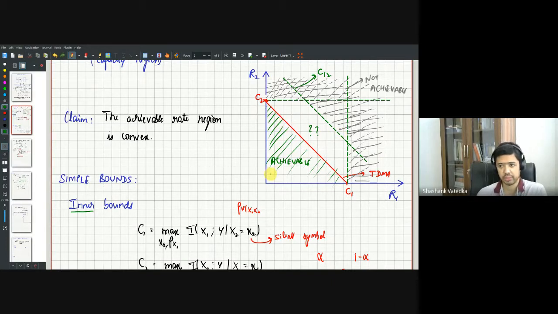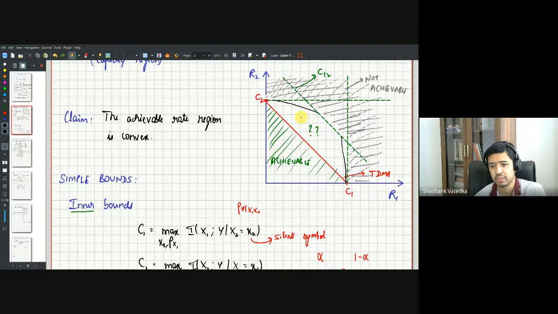And that is what we'll see in the next couple of classes. We'll in fact see that, in general, you cannot achieve the entire pentagon, and you can strictly do better than TDMA. But the rate region will turn out to be some complicated region which looks something like this. All right.